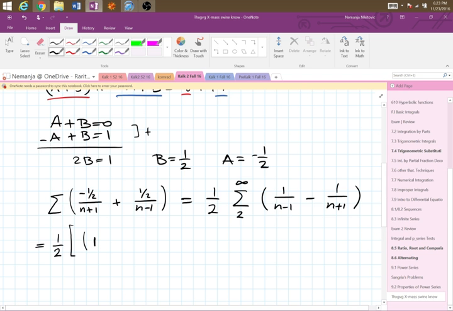So 1 minus 1/3. And then plus the next term, 3, so it's going to be 1/2 minus 1/4. And then plus, we are using 4, which is 1/3 minus 1/5.